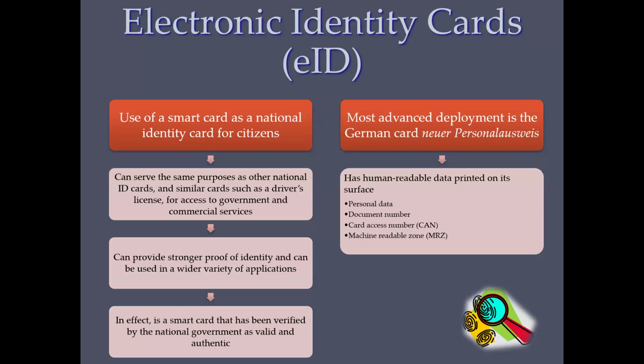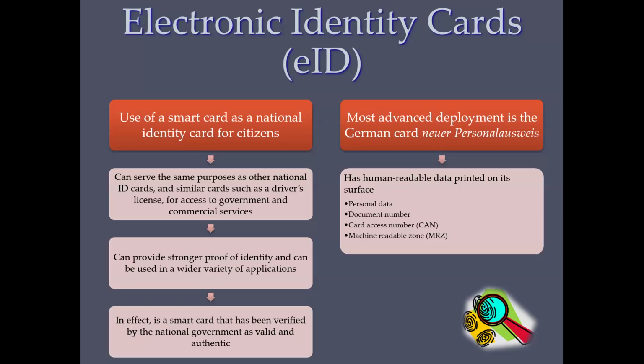It uses a smart card, the EID, which is a national identity card for citizens, and it achieves the same purposes as other national ID cards, which are physical tokens. Similar cards can be a driver license, or some sort of access to a government, commercial, or other service or area.